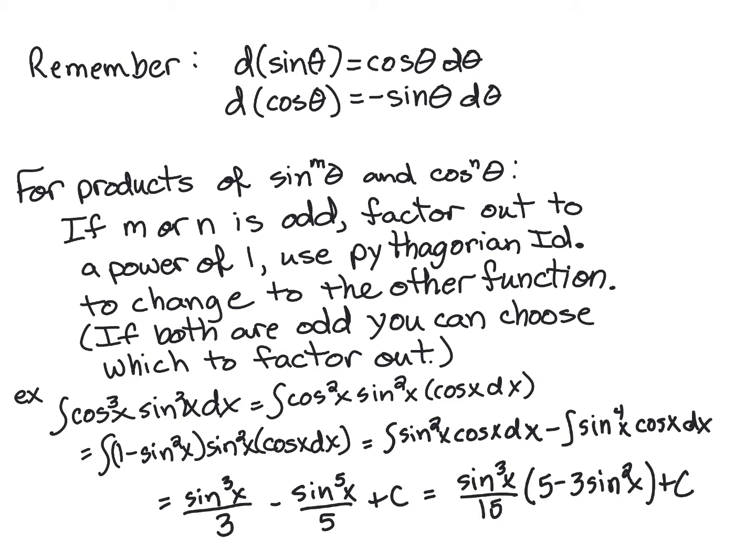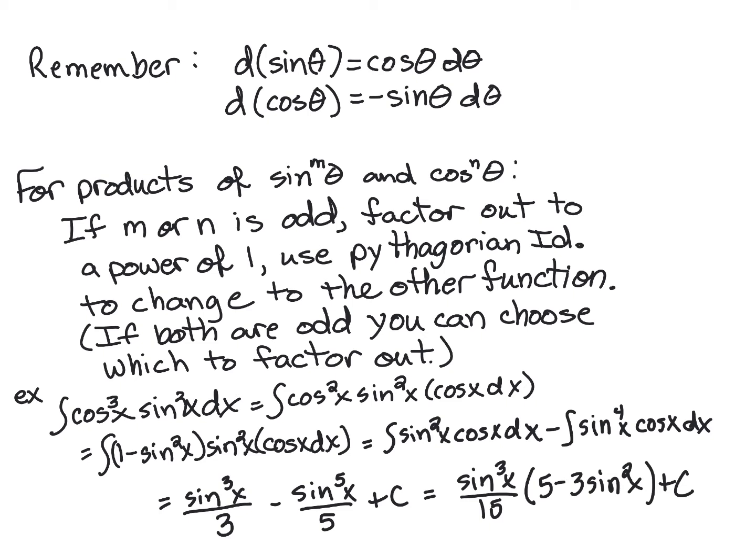So if either power on the sine or the cosine happens to be odd, then you need to factor one of those. It doesn't matter which one. If they're both odd, you can pick. But if either one of the powers of sine or cosine is odd, you want to factor out that function to the first power, leaving behind that function to the even power.